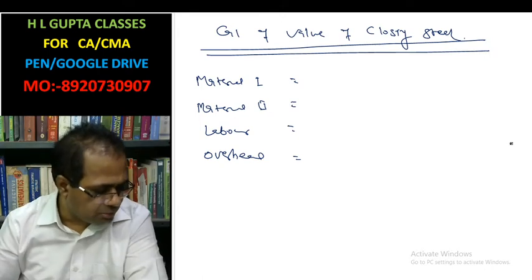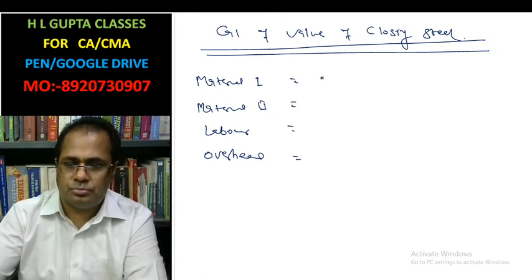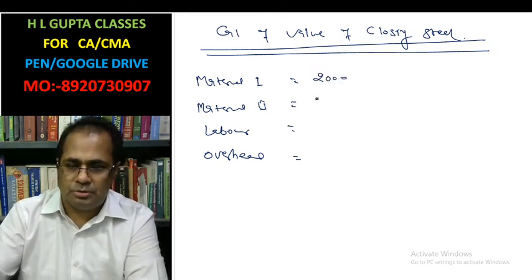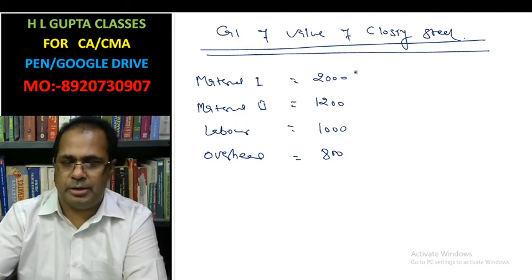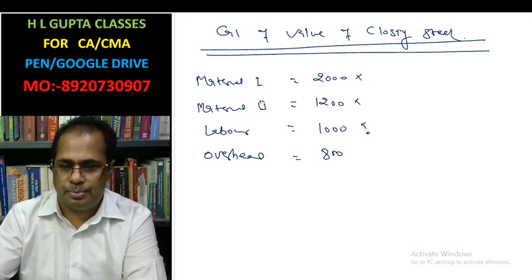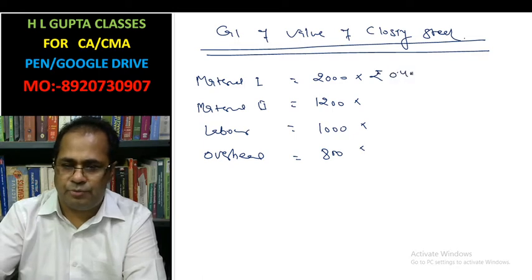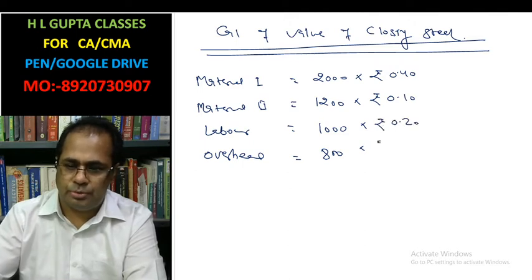This is 2000, 1200, 1800. Rupees 0.40, 0.10, 0.20, 0.30.